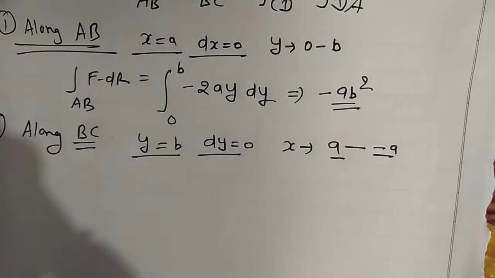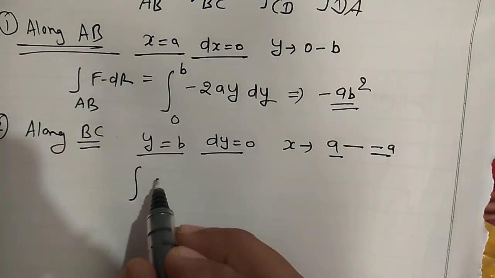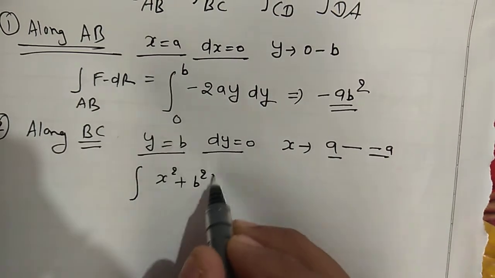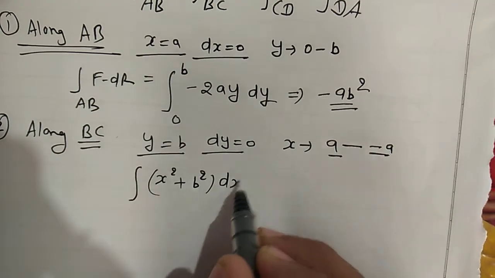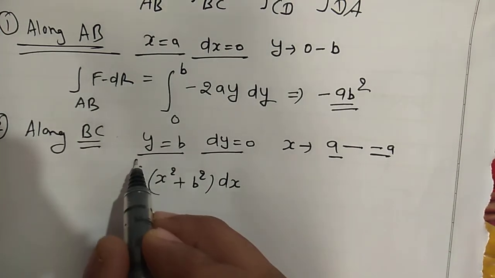So I can write the integral of F dot dr as the integral of (x square plus b square) dx, with limit a to minus a.